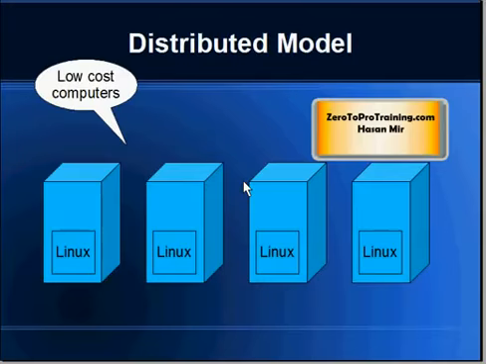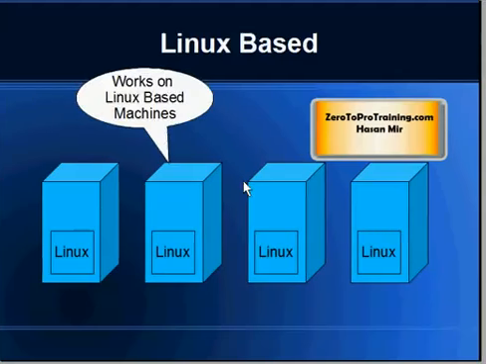One important characteristic of Hadoop is that it works on a distributed model. We are not talking about one big powerful computer. We are talking about numerous low-cost computers known as commodity hardware. Hadoop is a Linux-based set of tools, so we have Linux on all these numerous low-cost computers.